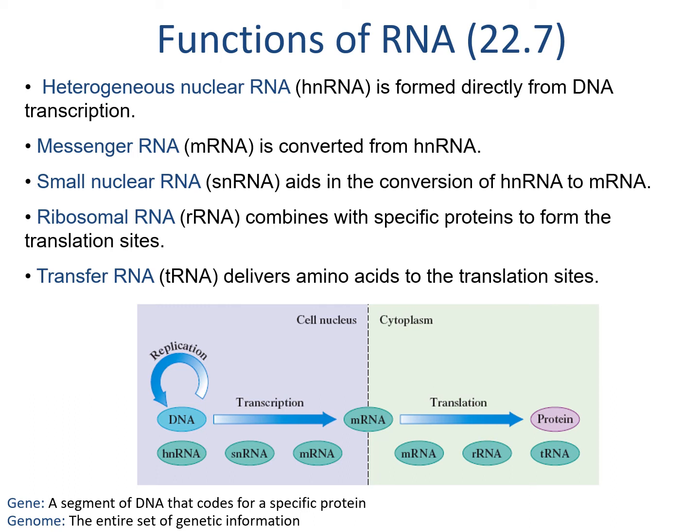We'll also see during the process of translation, the ribosomal RNA is required to actually form the ribosomes, the enzymes that allow us to create proteins. And the transfer RNAs are going to actually do the translation, the interpretation of the RNA signal into proteins. And we'll talk in more detail about how each of those work.